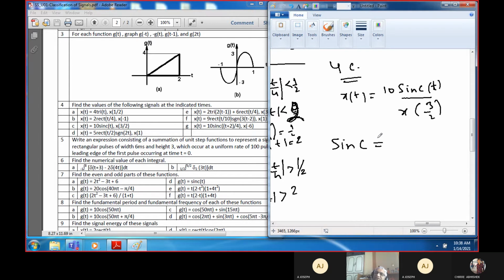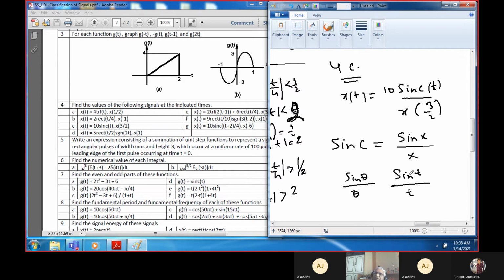Now what is the definition of sinc function? It is just a short form of sin x divided by x, or we can also call it as sin theta by theta, or you can also call it as sin t by t. You understand?